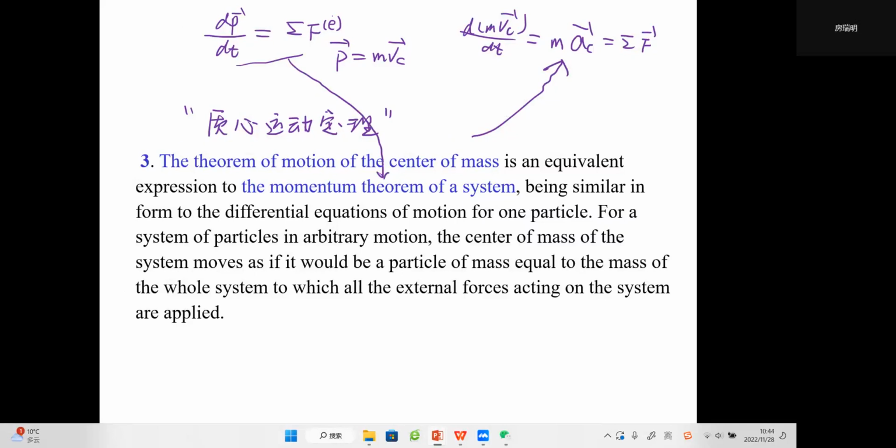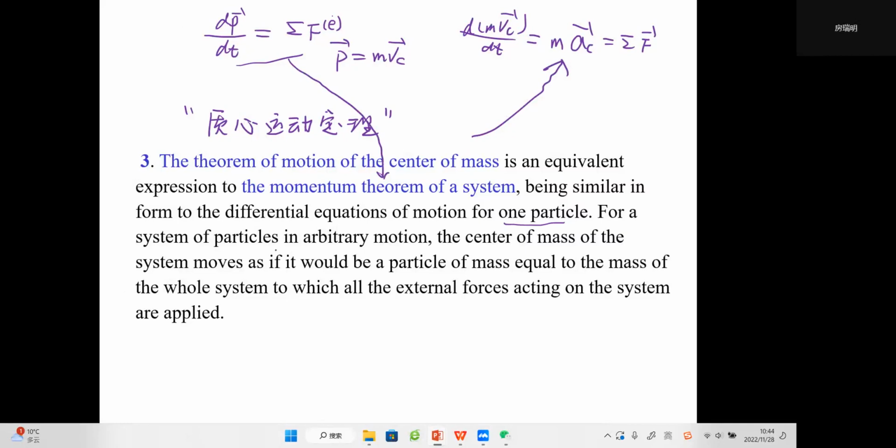Being similar in form to the differential equations of motion for one particle. So these two equations are equivalent and are similar in form to the differential equations of motion for one particle, right? That's true.